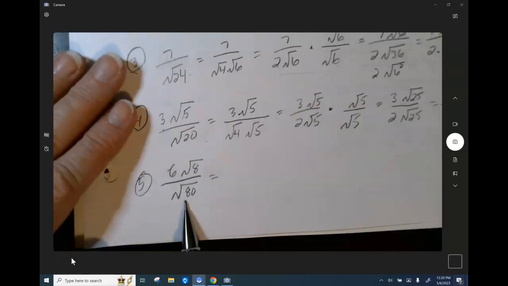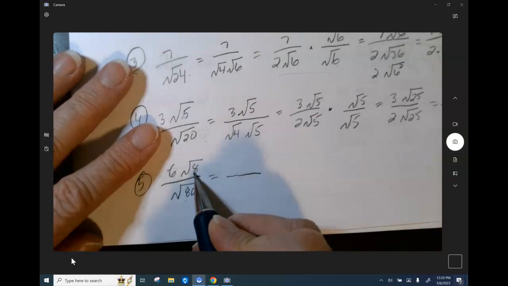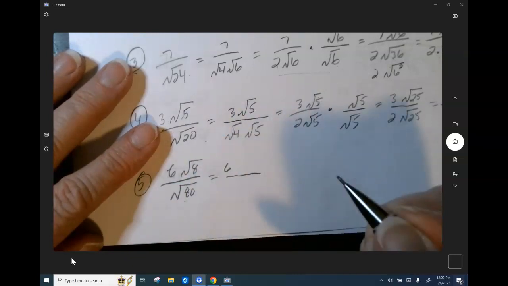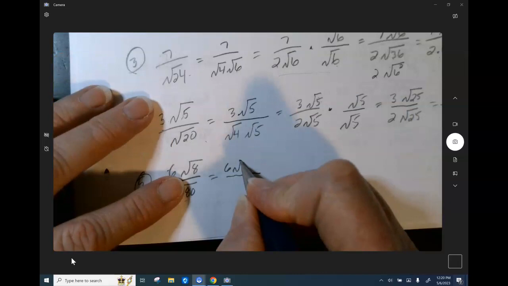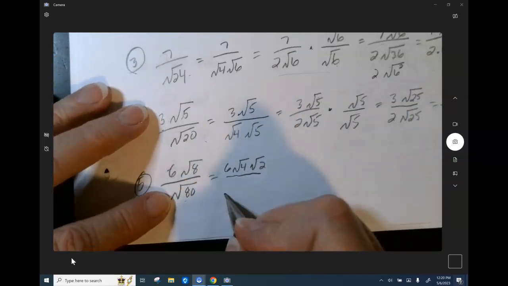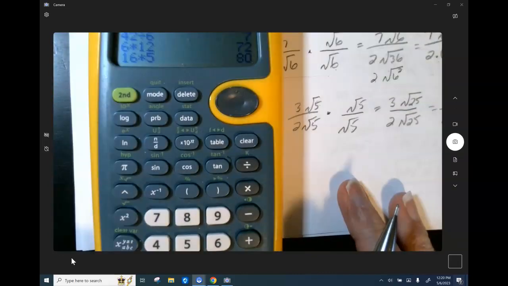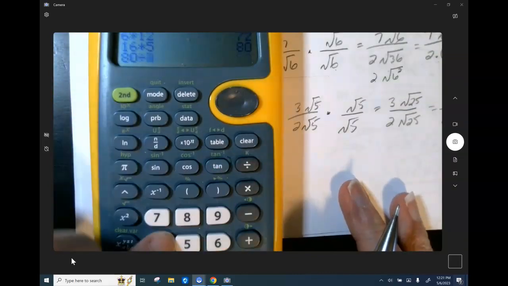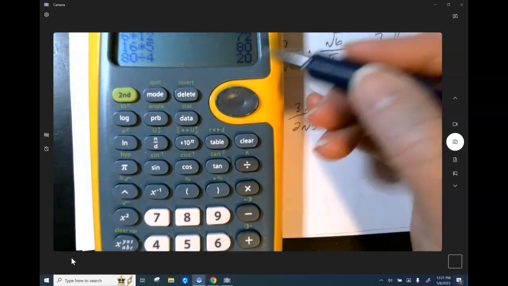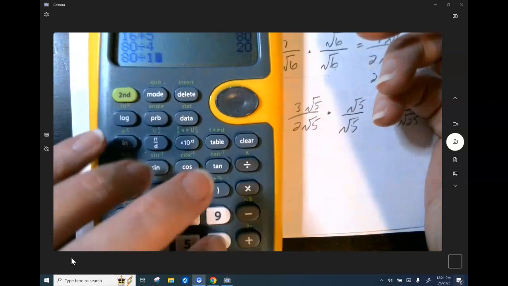Okay, so in this one we have a square root 80 in the bottom, so we're going to simplify there. Now you might notice we could also simplify that top. If we want to, let's do that at the same time. So there's a perfect square in 8, that's 4 square root 2. 80, what's a perfect square in 80? Let's find out. 80 divided by 4 gives me 20, which means that it's probably 16.